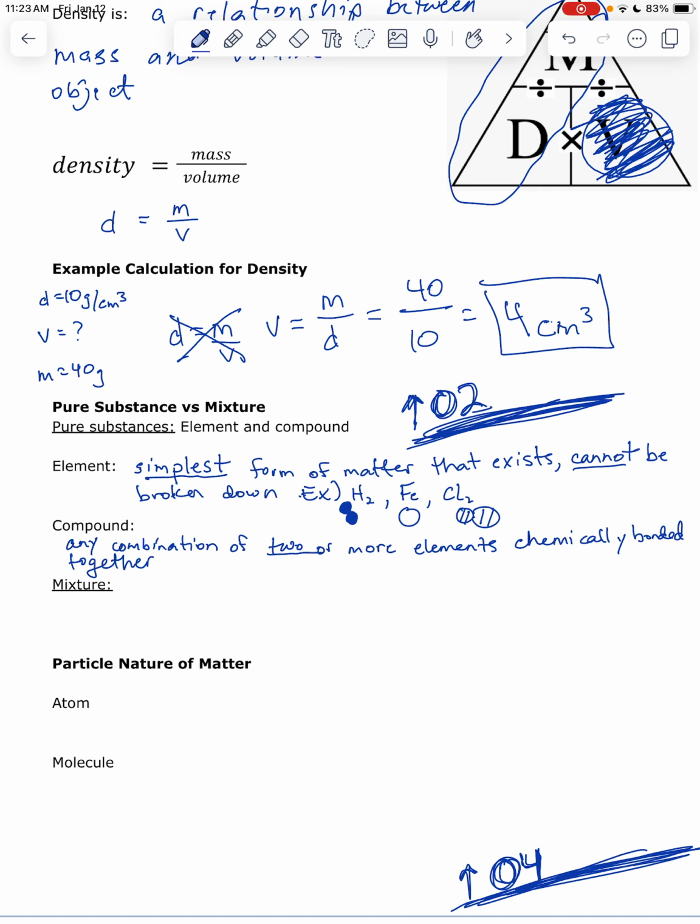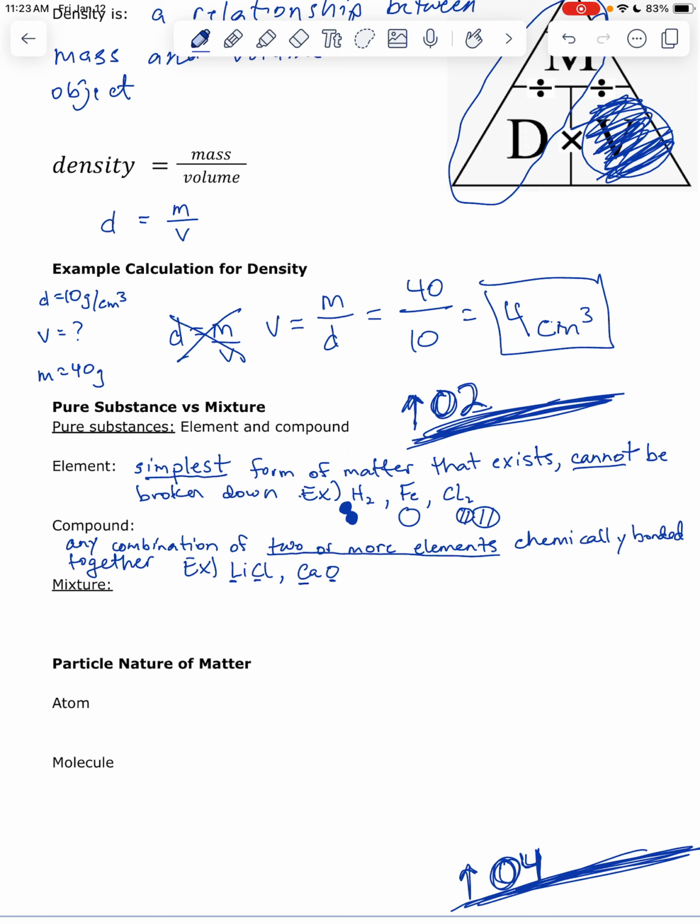Right? 2 or more elements. So examples of a compound would be something like lithium chloride or calcium oxide, where now I have more than one capital letter, which means I have more than one element that I'm dealing with.